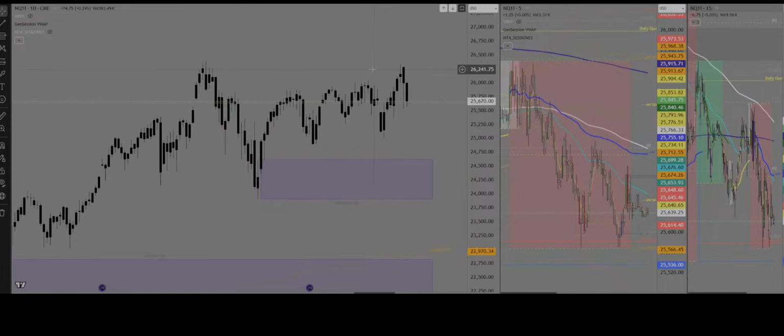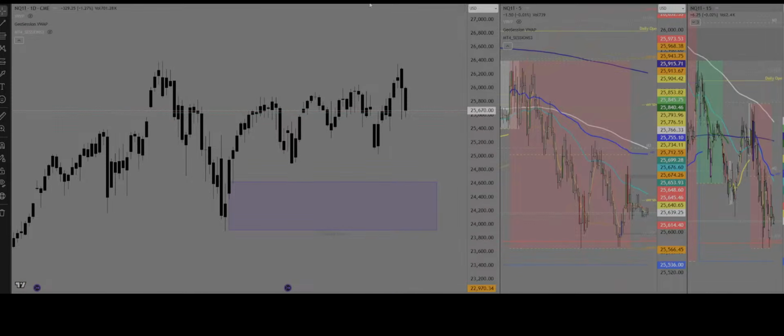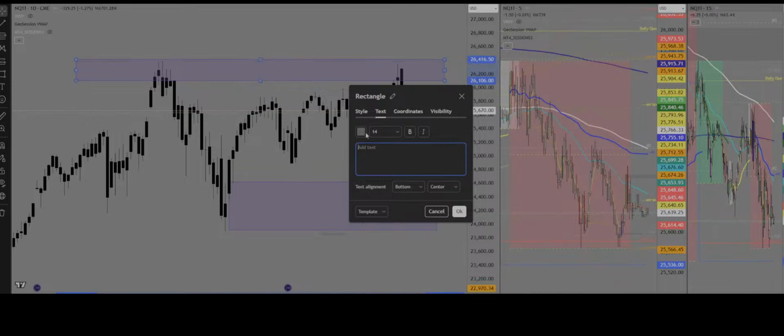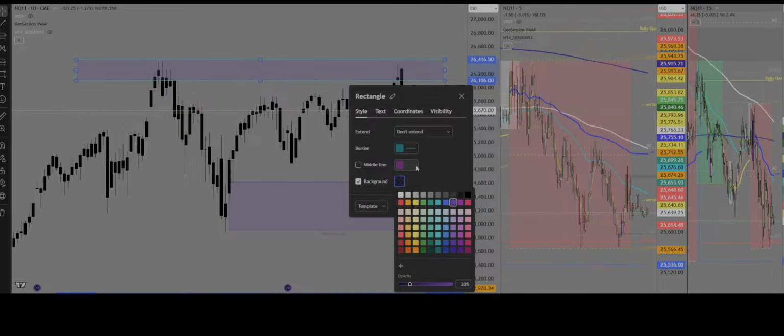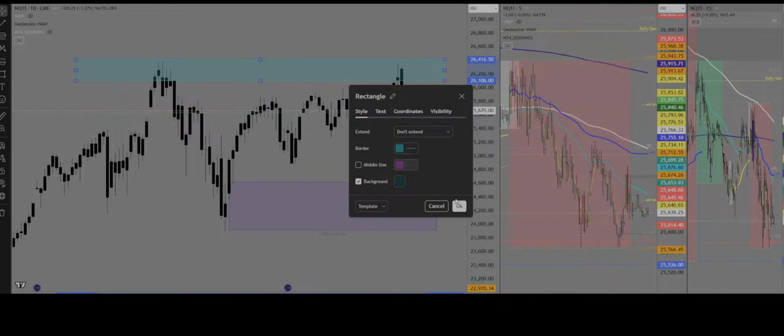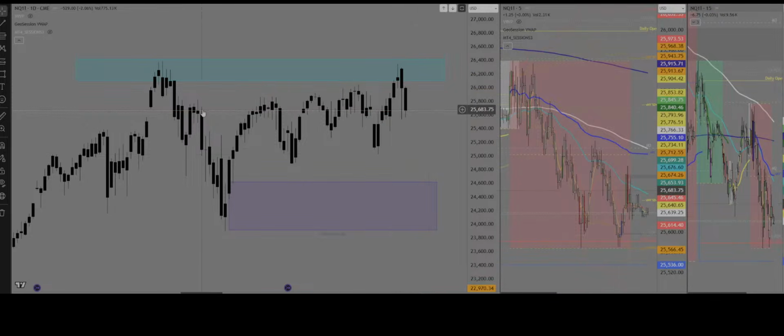Man, it kind of sucks that they actually broke this. I'm definitely going to be looking more at shorts than I am longs. And it changes color. Air blue's better. I mean, that's a double top. That's basically what that is.